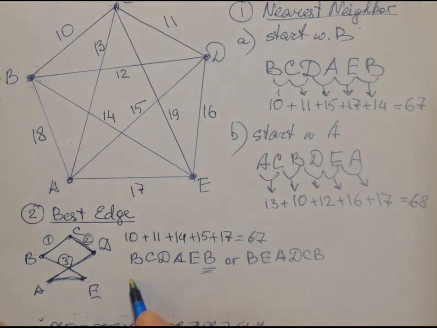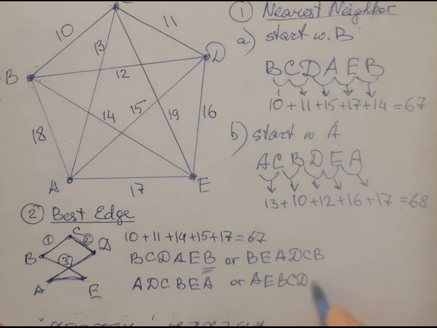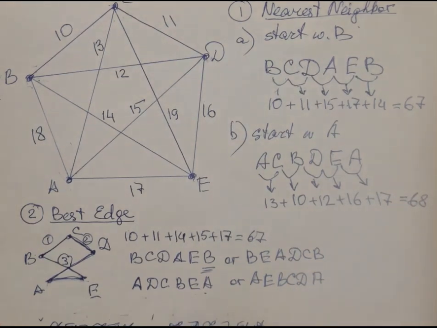So if we are asked to list the vertices starting from A, then we will write A, D, C, B, E, A, or in the other direction A, E, B, C, D, A. So the same numbers in the opposite direction.